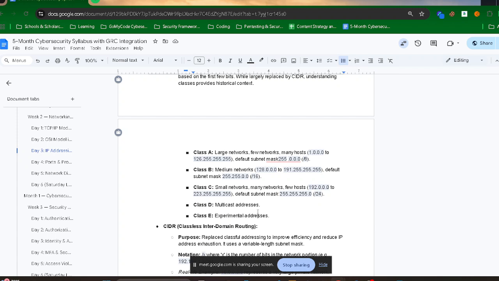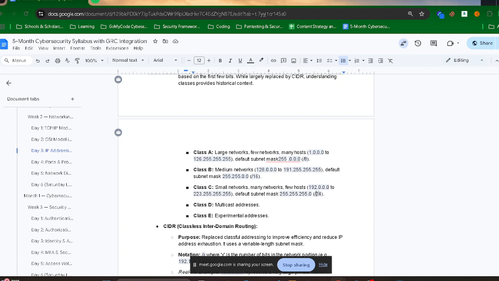And then we have Class C, which is a small network. It ranges from 192.0.0.0 to 223.255.255.255. The default subnet mask has the first three octets occupied, with the last one dedicated for hosts.